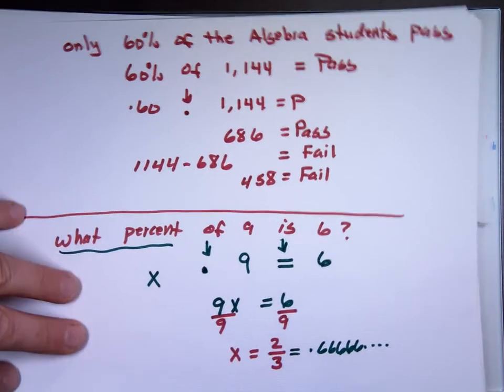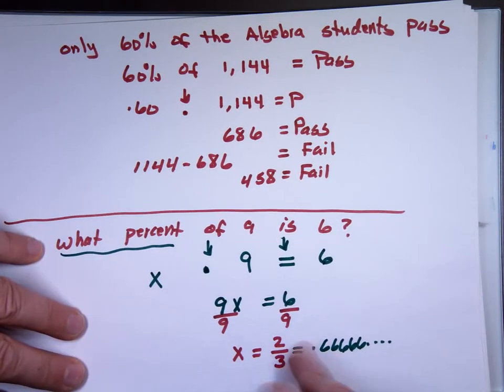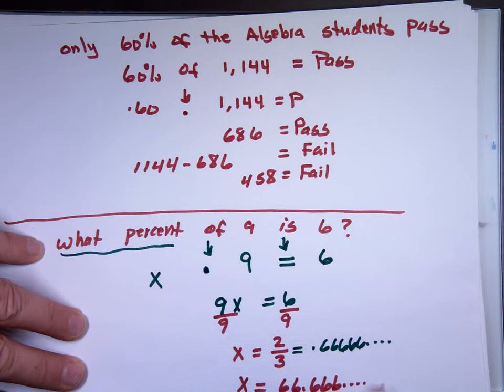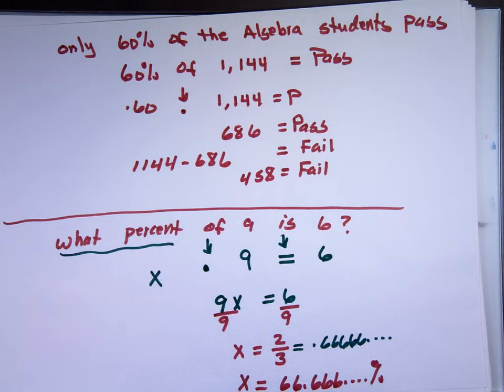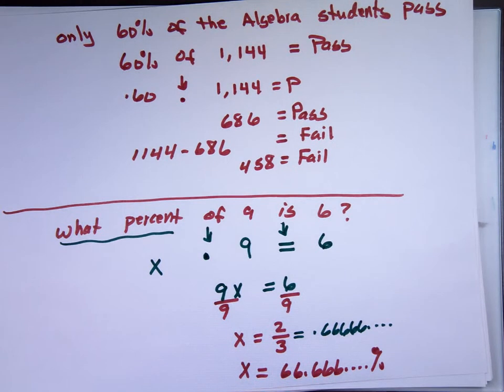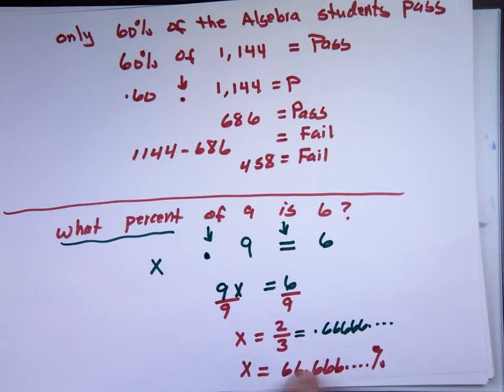Multiply by 100 or move the decimal point 2 places to the right. So what do you have? 66.666%, or 200 over 3. You're always going to move it 2 places to the right, or multiply by 100, to change the fraction or the decimal to a percent.